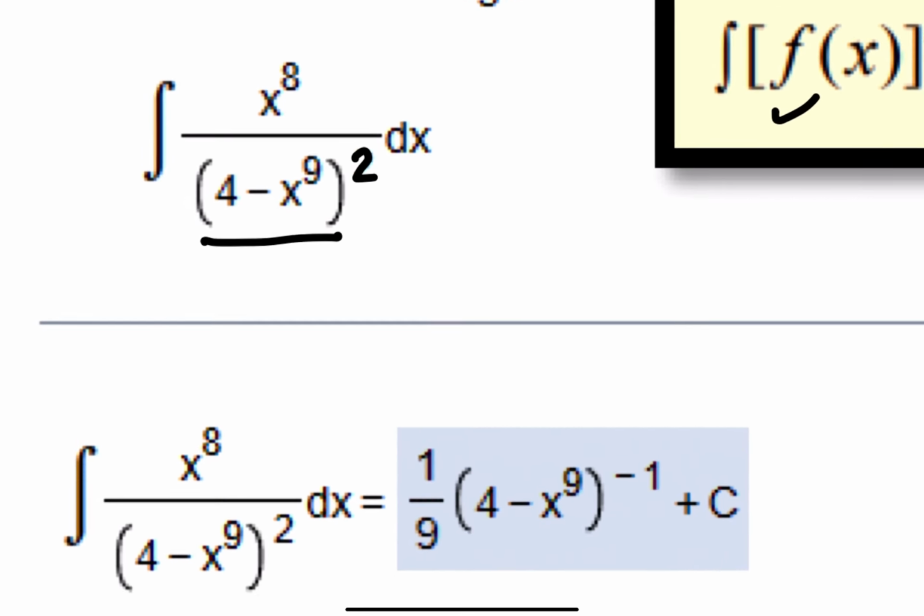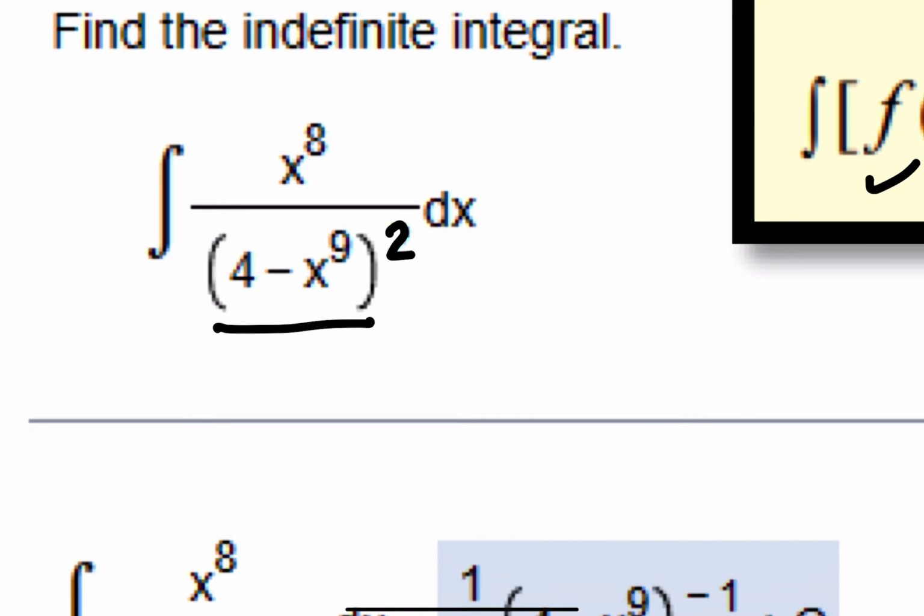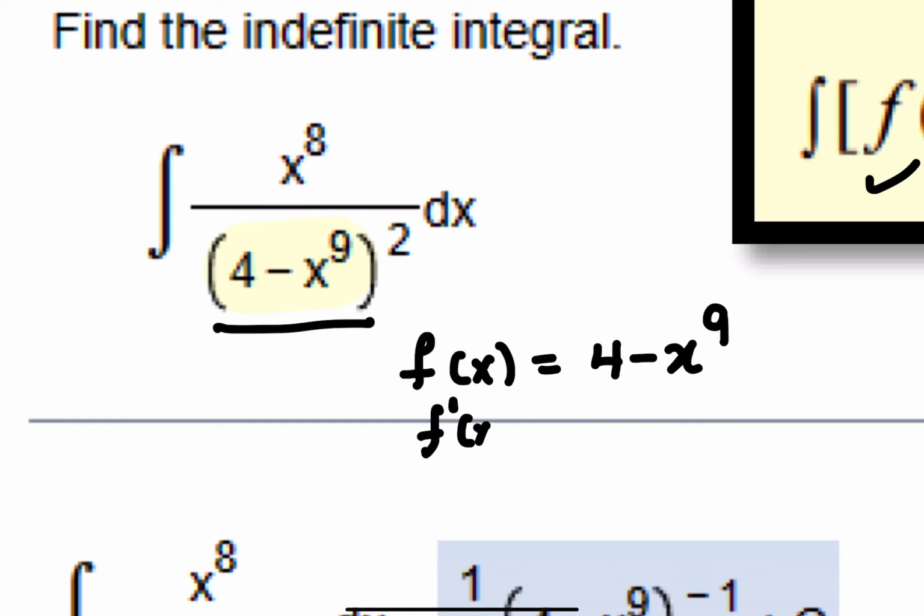Again, when you're looking at it, you know this is your function, right? And the first thing you should ask yourself is, okay, I have my function f of x is equal to 4 minus x power 9. Let me see if I have the derivative, because if I do, I'll simply act like it's not there. Minus 9 x power 8.